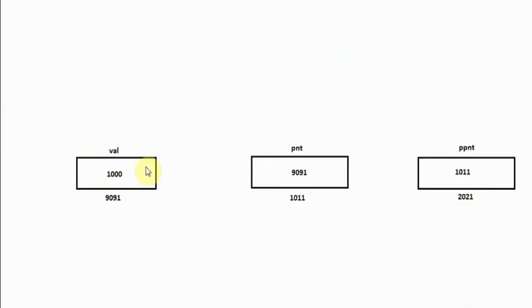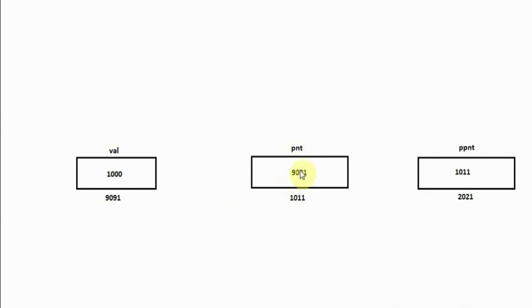This is the diagram in which I have assumed that the address of this val variable is 9091, and when I have written in the program pnt is equal to ampersand val, what would happen is the address of this variable val will be put into pnt, and as I have assumed the address of val to be 9091, it has been put into this pnt pointer variable, 9091.